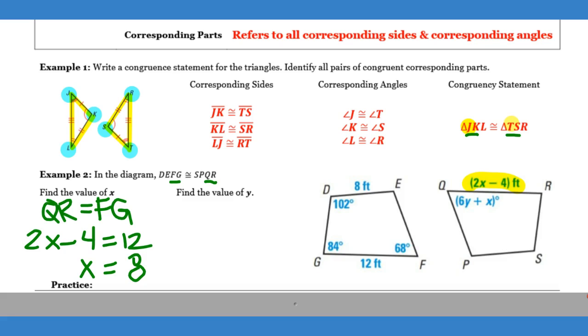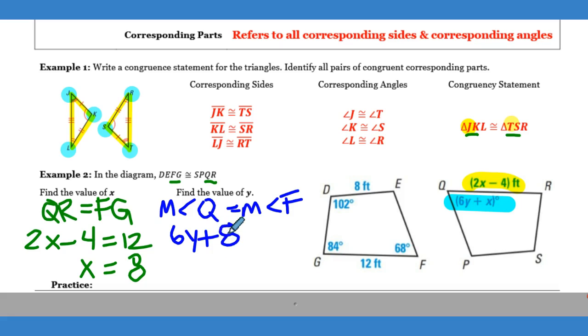Now I want to find my value of y, and notice that when I'm looking for my y value, it's stuck in here as an angle measure, and it's angle Q, and angle Q is paired up with angle F. So I can write that the measure of angle Q is equal to the measure of angle F. So 6y plus x, which we just figured out was 8, is equal to 68.